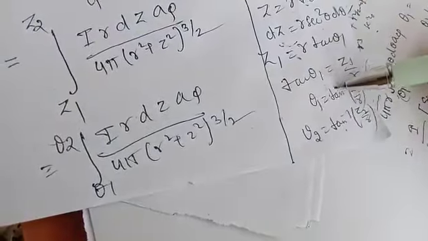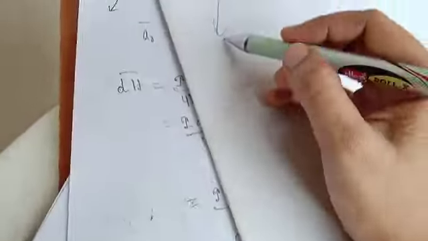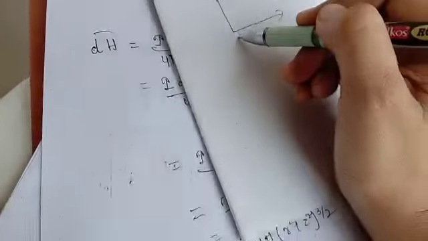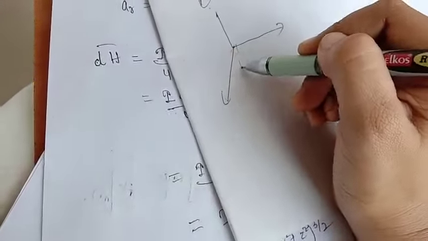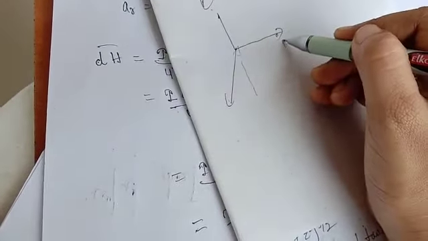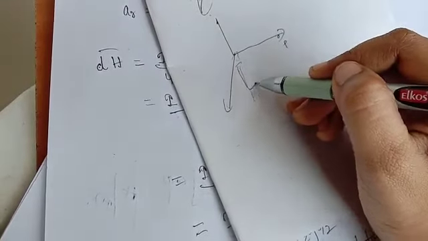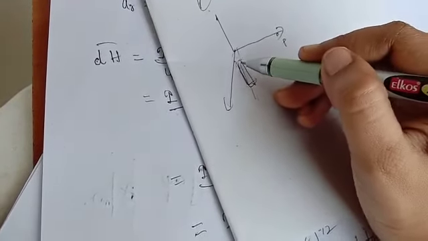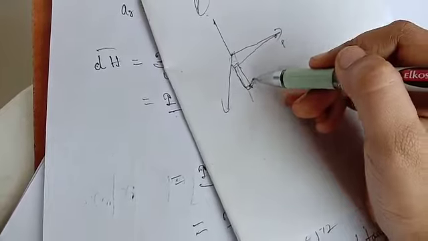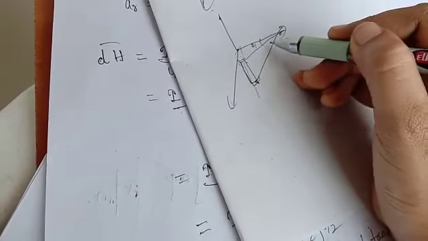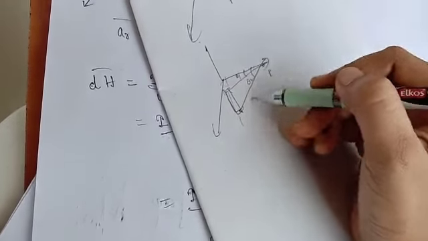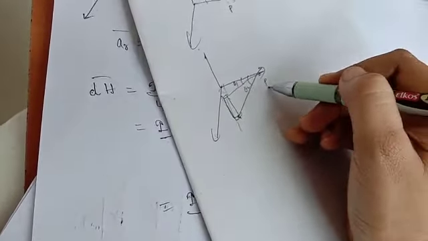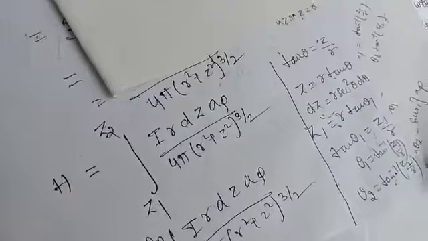So the theta 1 and theta 2 angles will be positive if the conductor is lying below the point P, so from here theta 1, from here theta 2, both are lying below point P, that is negative, then the Z1 value will be negative, Z2 value will be negative.